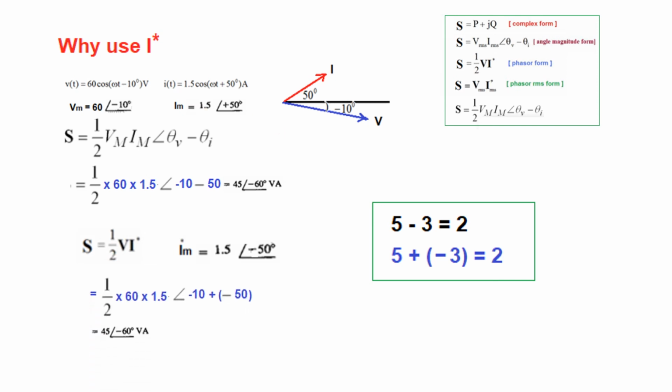So we have V phasor 60 angle 10, multiplied by I phasor 1.5, and now we are adding here the plus angle minus 50, and we get the same answer. So there is no harm whichever technique you use.